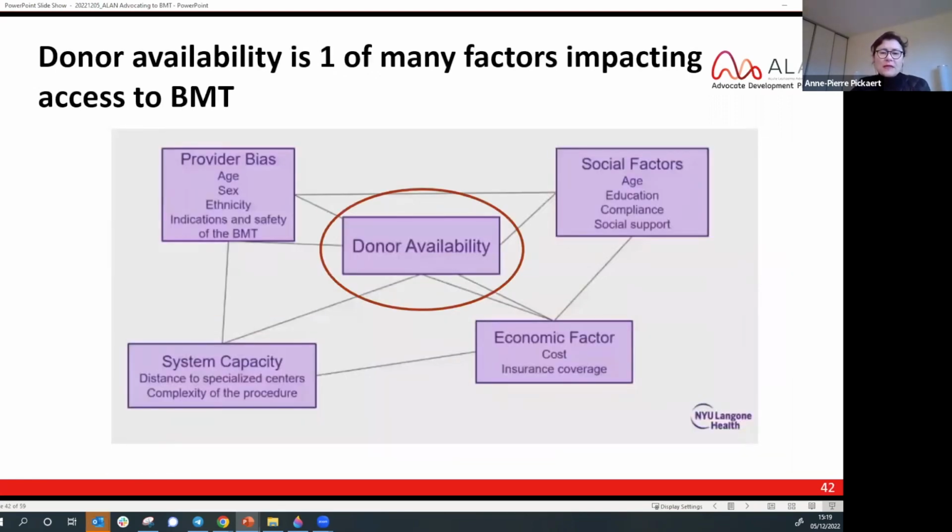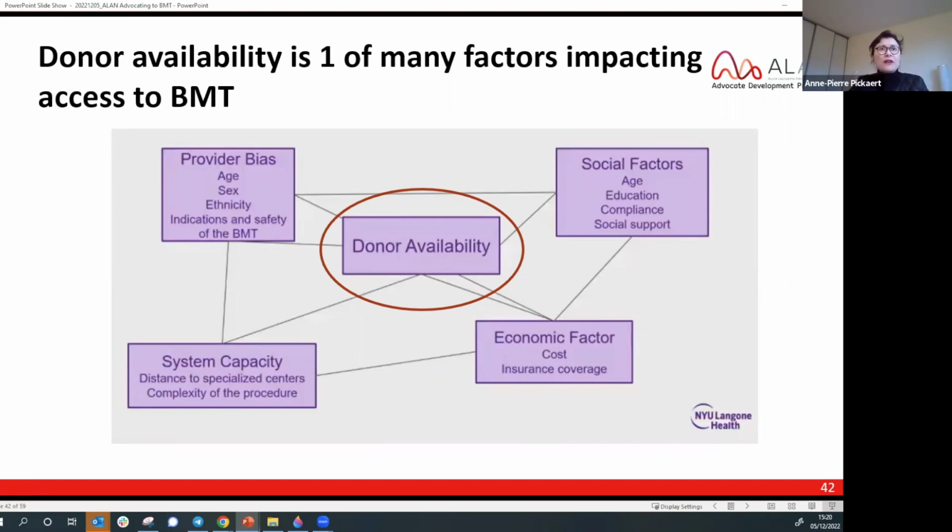So donor availability is one of many factors that impact access to bone marrow transplant. I've talked at length about donor availability because, I'm not saying it's the tip of the iceberg, but it's easy to identify for us patient organizations to engage with health authorities, in the countries where there is a bone marrow donor registry, but also in countries where there is no bone marrow donor registry, but you've got health authorities, you may be able to advocate for the creation of a registry.